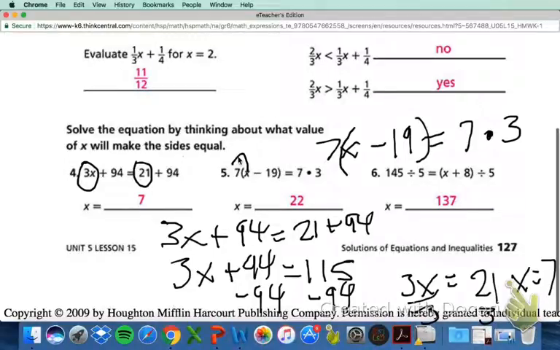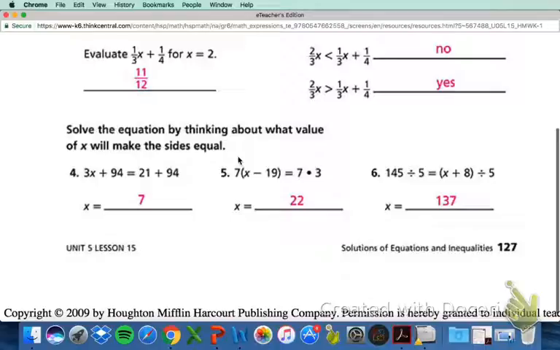Now you could go through the trouble of multiplying 7 and x and the whole thing. But in the end, x has to be 22 in order for this statement to be correct. Okay.